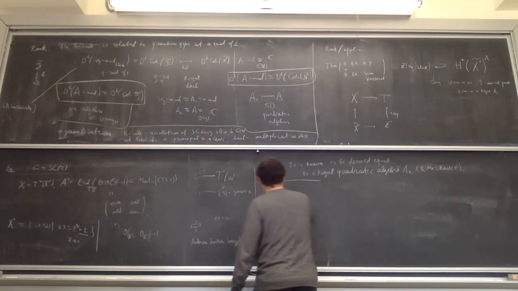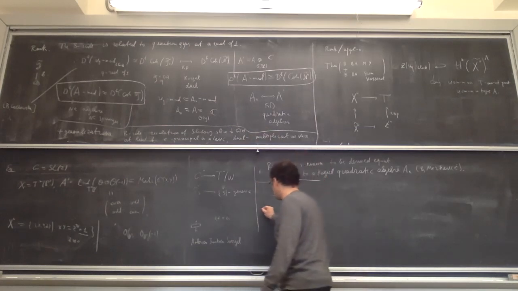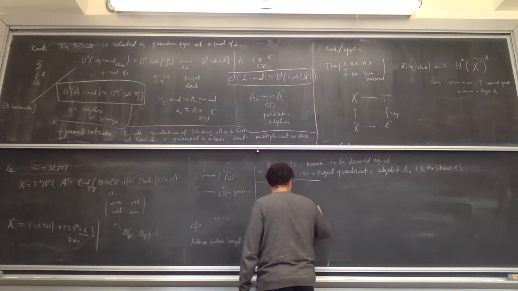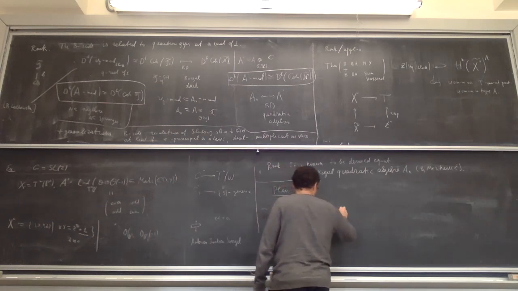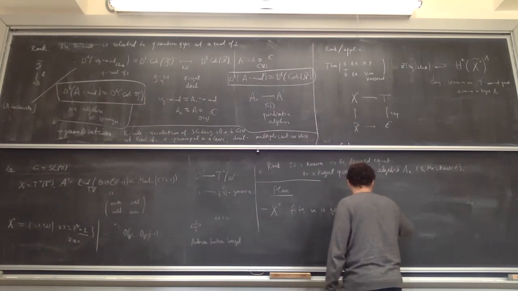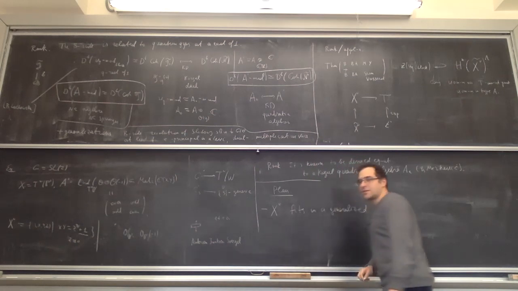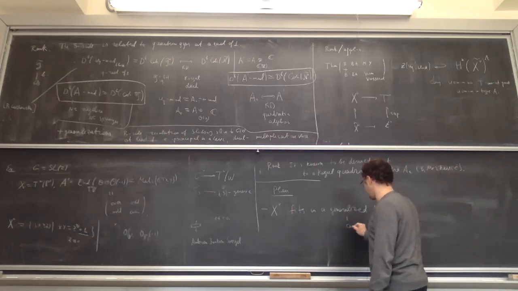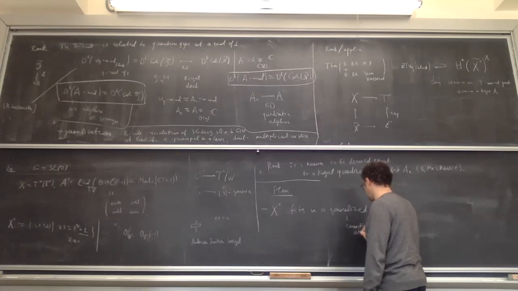So the plan is first: X check fits in a generalized non-abelian Hodge theory story. Generalized meaning that we allow a connection with an irregular singularity.